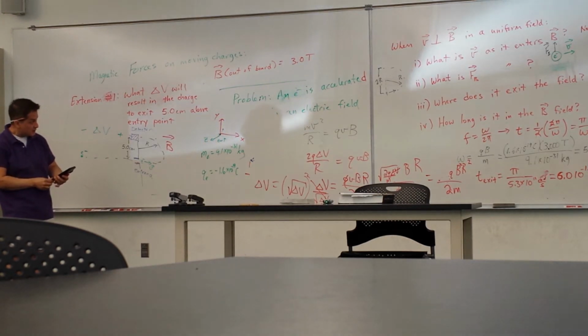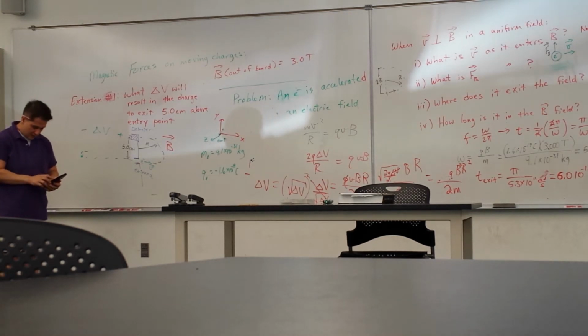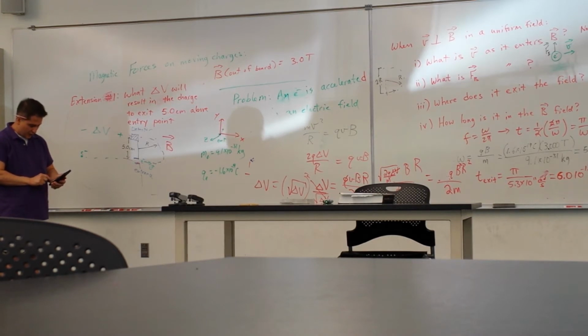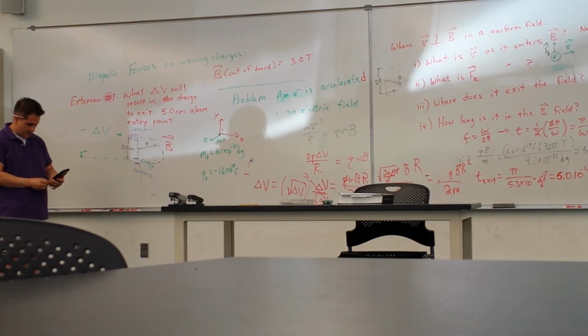Oh, no, 2.5. The distance. Yes, we do. 5 squared. Wonder if that was it. And we divide this whole thing by 2 times 9.1 times 10 to the negative 31. 3, 6. 4.9 times 10 to the 8th volts.